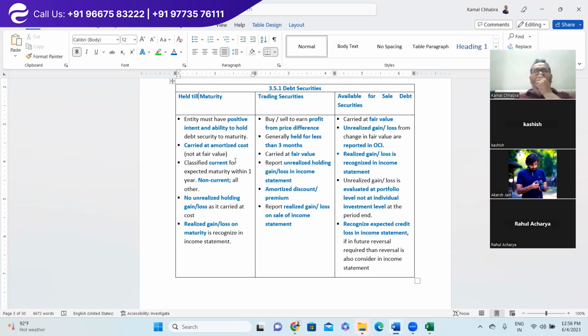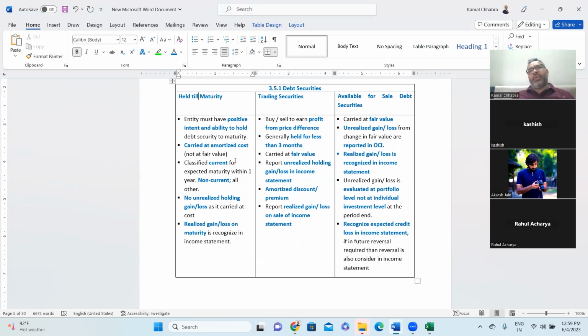For example, you have purchased a debt security and you intend to hold it for the entire period of 5 years, like the 10% debenture of $100,000 that the company has purchased, which has a life of 5 years. At the time of purchase, the company has a clear intention to earn 10% interest and hold it for the entire 5 years.